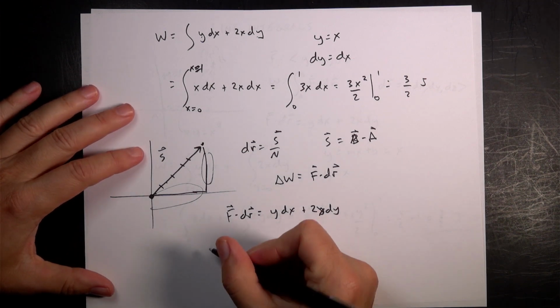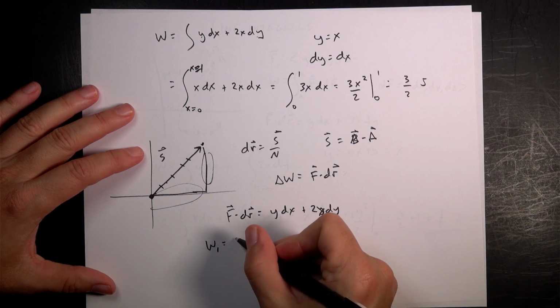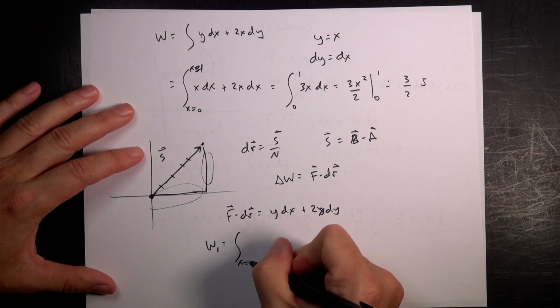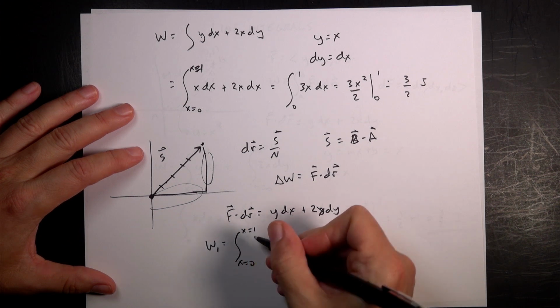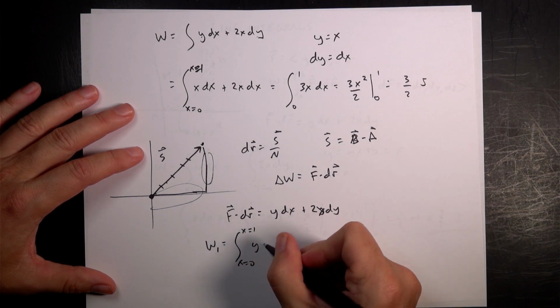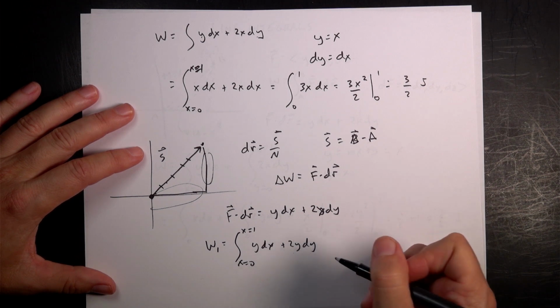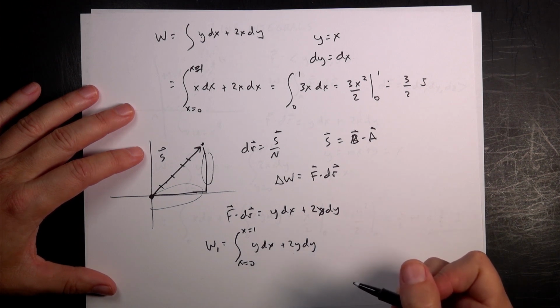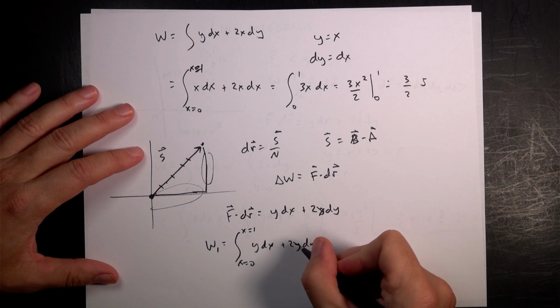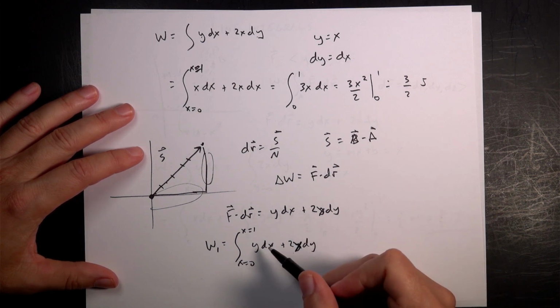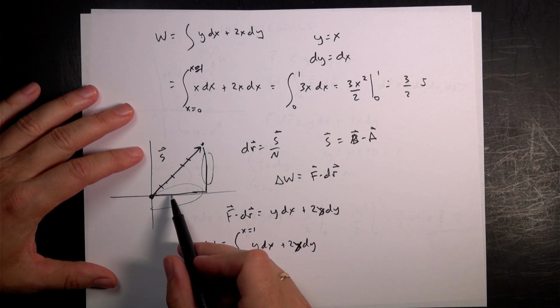Let's just do it along this path right here, though. So work 1 is going to be the integral from x equals 0 to x equals 1 of y dx plus 2x dy. And now I do need to make some choices here. So what is the equation of this line right here?